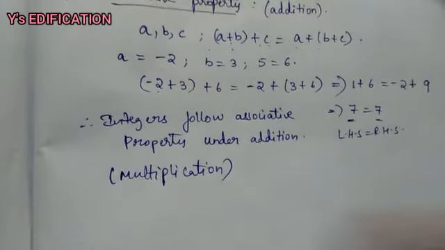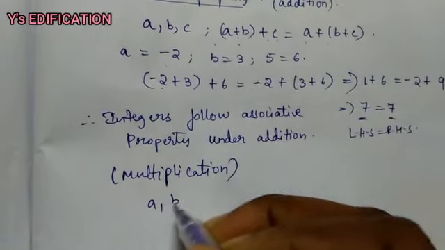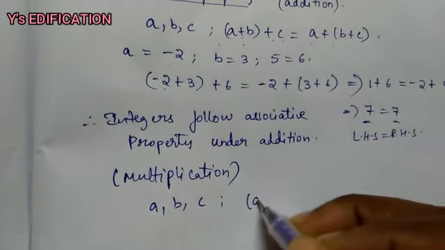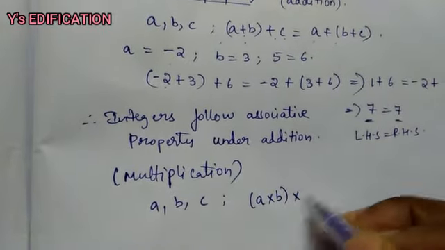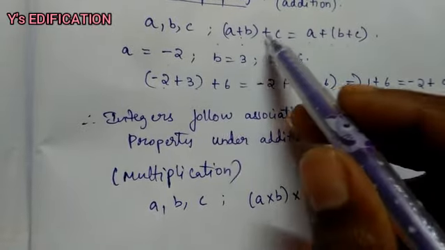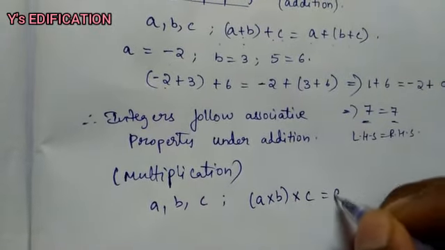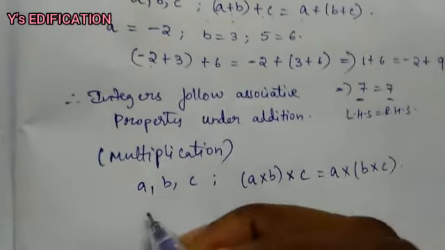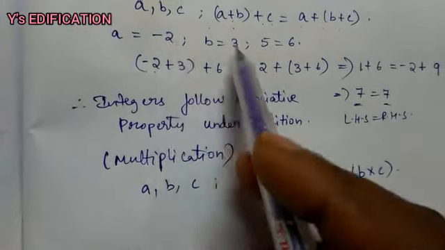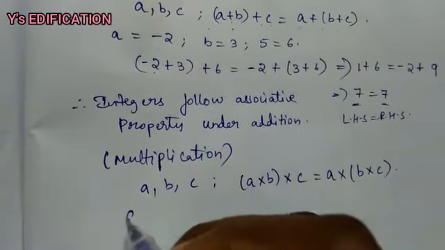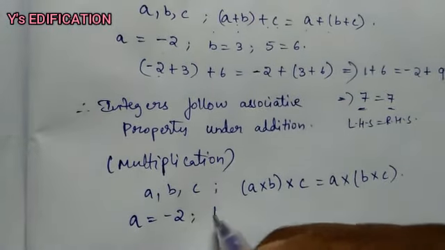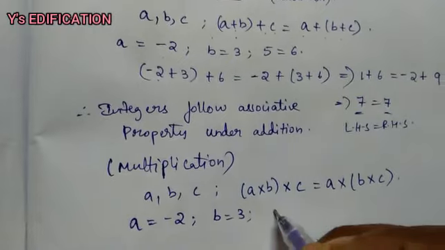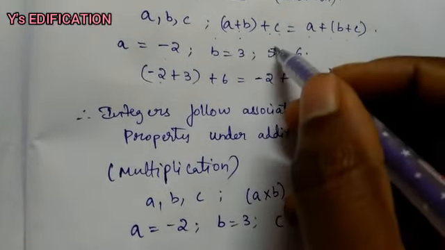So if we take a, b, c as three integers, that is (a into b) into c equal to a into (b into c). We have to just replace this addition with multiplication here. I am going to do with the same example. A is minus 2, b is 3, c is equal to 6.